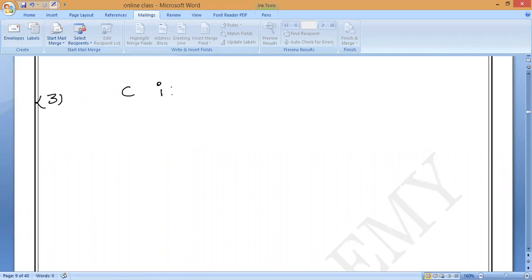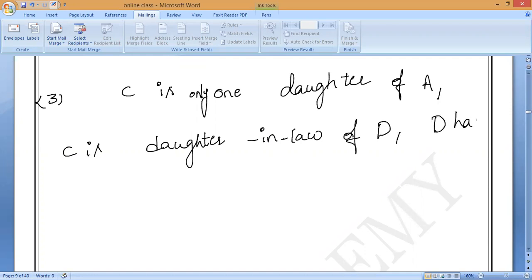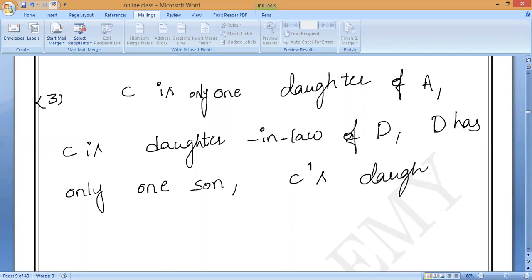C is the only one daughter of A, and C is daughter-in-law of D, and D has only one son. C's daughter name is F.